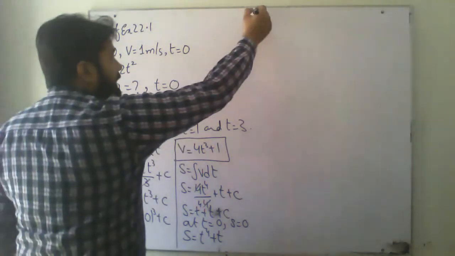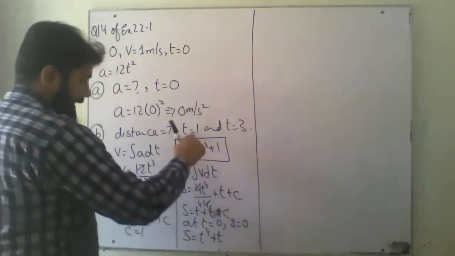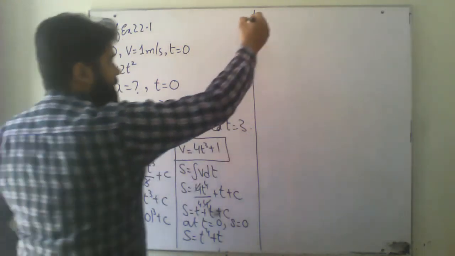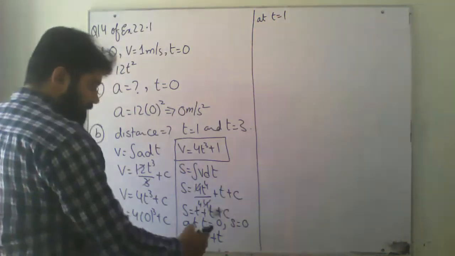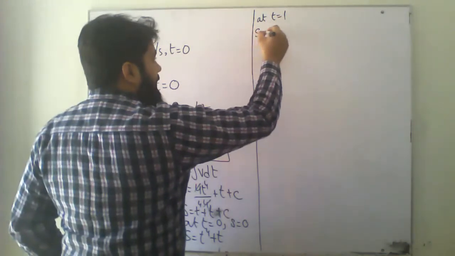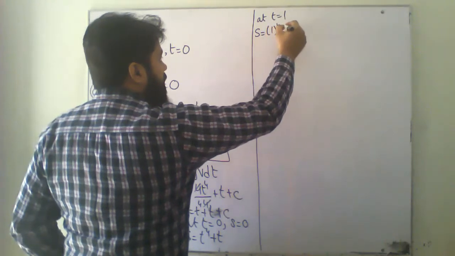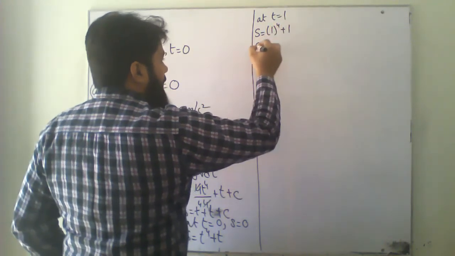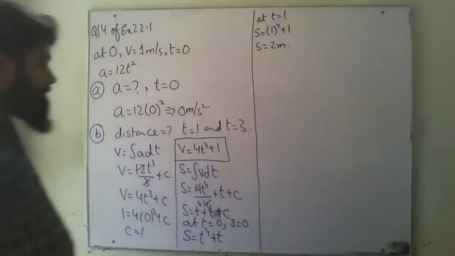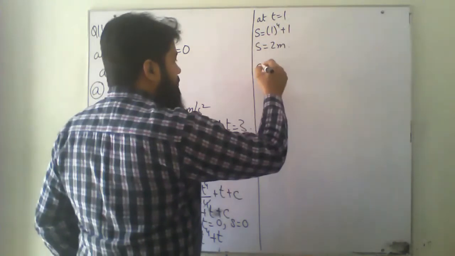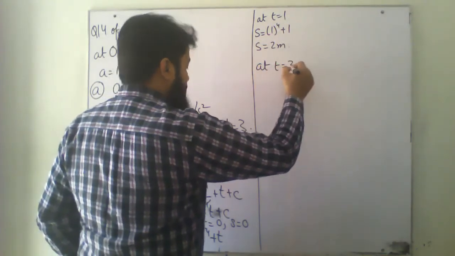Okay. Now I have to find the distance at this point and at this point. So at t equals 1, when I put the value, s equals 1 to the power 4 plus 1, and s is coming 2 meter. And at t equals 3, what will I do?